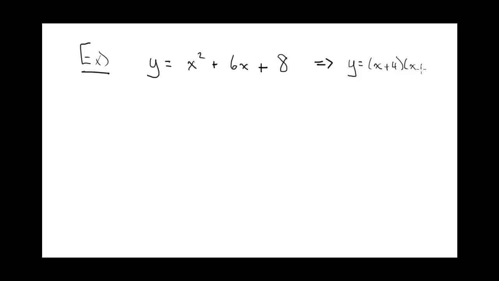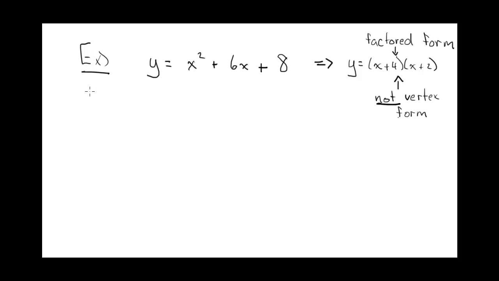Notice it's not a perfect square, these factors are not the same. So this is not vertex form. Factoring doesn't give us vertex form. This is actually what we call factored form, because there are two factors. So in this case, factoring gives us factored form, not vertex form. And the reason is, it wasn't a perfect square.